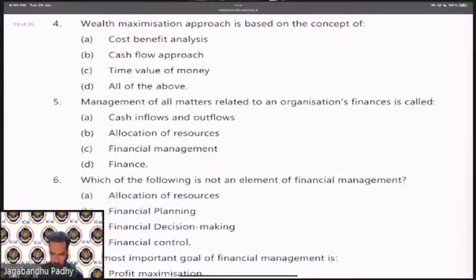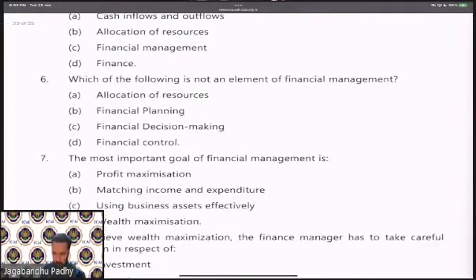Which of the following is not an element of financial management? So if it's not an element, of course, allocation of resources is a part of our discussion. Financial planning is a part of our discussion. Financial decision making, yes. It's not financial control.